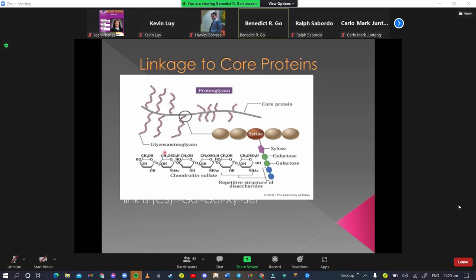And take note here, this is the core protein, and these that are attached to the core protein are your chondroitin sulfate, right there, with repeating structures. But before it starts its disaccharide repeating structure, there is an attachment of xylose to the serine residue of the core protein. Then you'll have 2 galactose residues before those repeating disaccharide units of chondroitin sulfate.